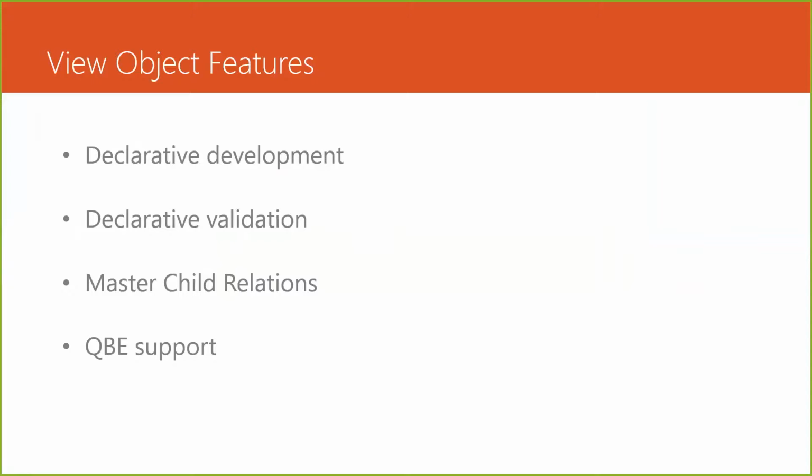Okay, so the features of view object, just like entity object, we are looking at features. So declarative development and declarative validation we have already seen in entity objects. That is, we don't need to write much code. We'll use the wizards and options to create the metadata for the validations and attribute definition, etc. And then view objects support master-child relationships inbuilt.